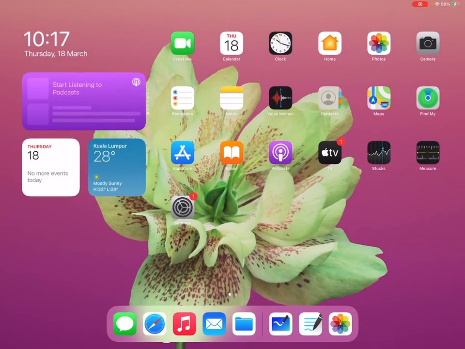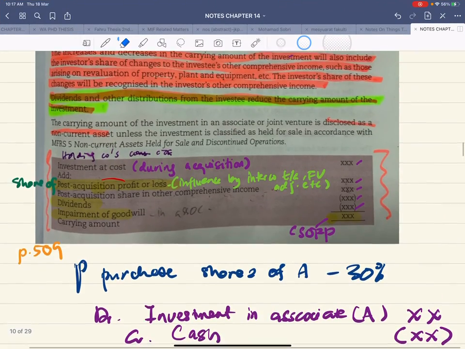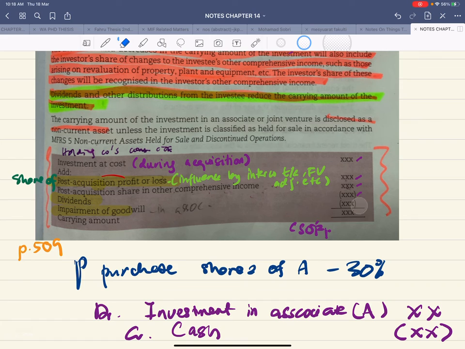So impairment of investment in R, impairment of goodwill, amounting to 6 million. So this adjustment will affect the balance here. So here is impairment of goodwill.